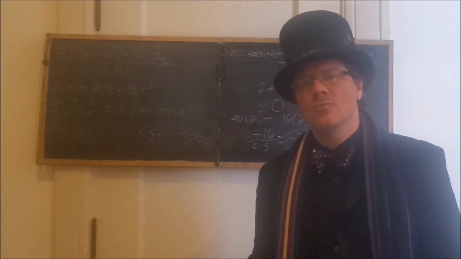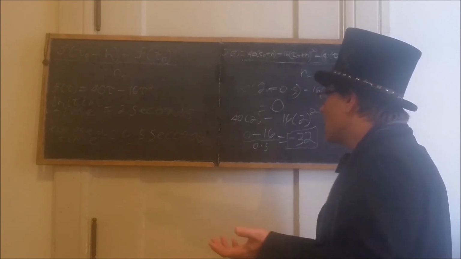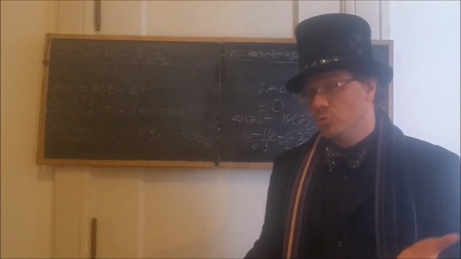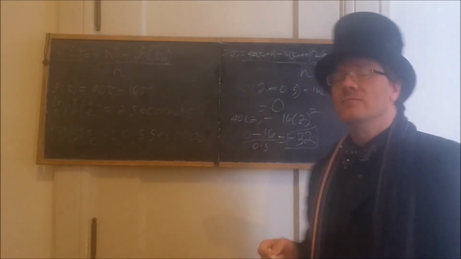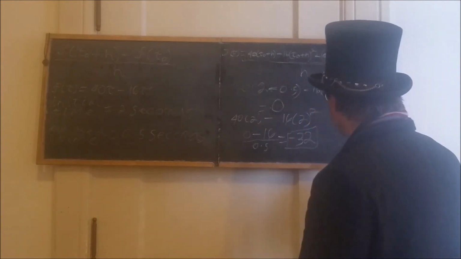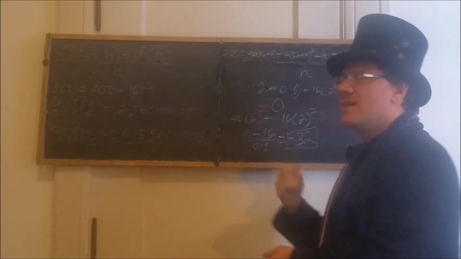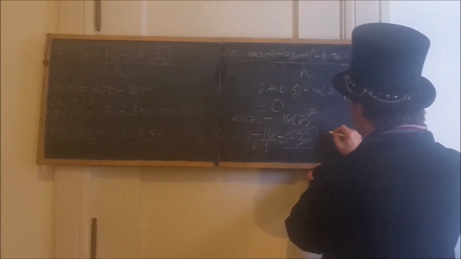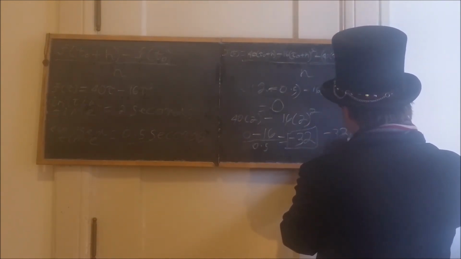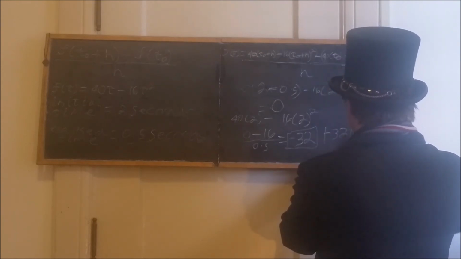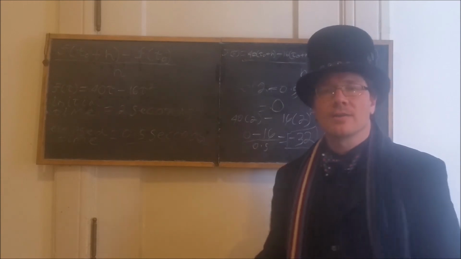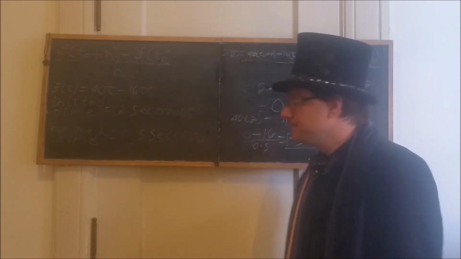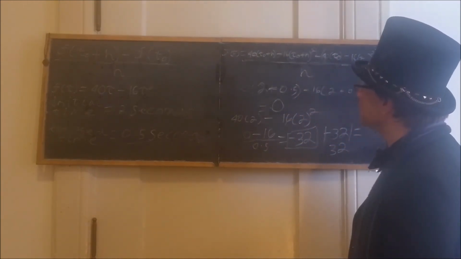You could say average rate of speed plus the direction. That's what velocity is: speed plus direction. The negative represents the direction that we're moving. So if you took the absolute value of negative 32, that would equal how fast you're actually going, 32 feet per second. So that would be your speed.